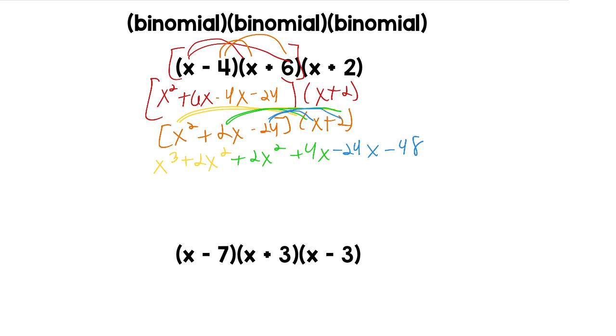Now we combine like terms for the very last time on this problem. X to the third. 2x squared plus 2x squared is plus 4x squared. 4x minus 24x is minus 20x. And then minus 48 on the end.